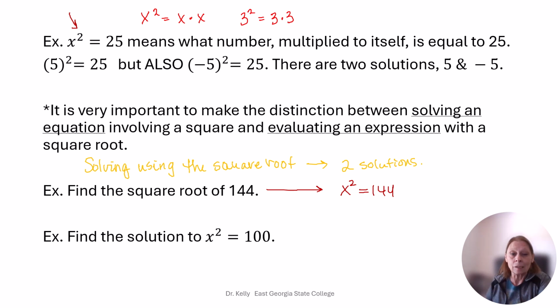The idea is what number times what number equals 144, and we know that x is equal to 12, because 12 times 12 is equal to 144, but we also know that x is also equal to negative 12, because a negative times a negative is a positive, and negative 12 times negative 12 is also positive 144. So in this case, we have two solutions.